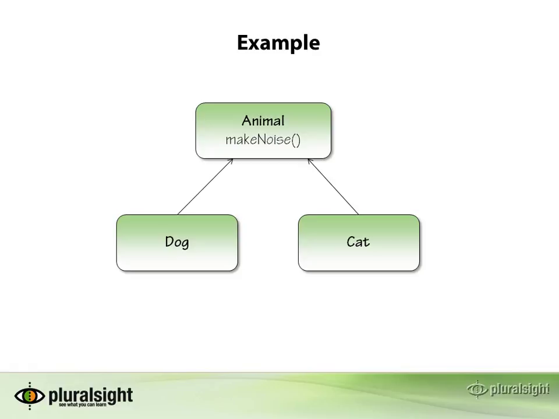And so if we had some code that was using animal, that code doesn't need to know whether it's working with a dog or a cat. Instead, it will program against the animal's interface, which is against an animal type with a make noise method. And at runtime, when we run our code, if we have assigned our animal to a dog instance, then it'll do a bark.